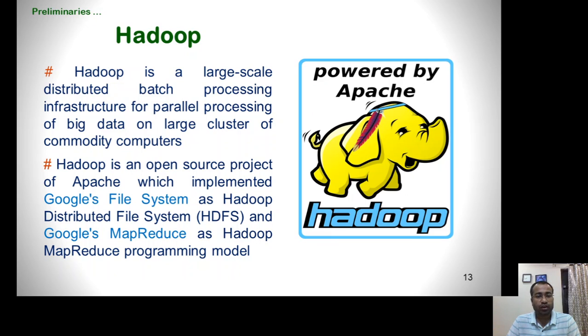It is distributed batch processing. Distributed, so obviously for processing big data, we need a distributed processing system. It is also batch processing. Batch processing means it processes a collection of data, a group of data, in one go without any intervention or interaction from the user.